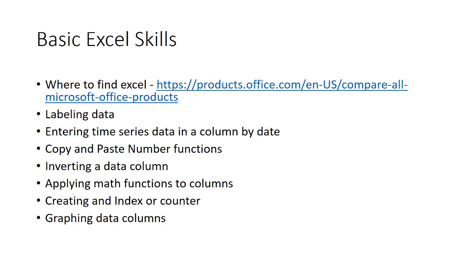And then we're going to show you how to invert a data column and apply some math functions to those columns. That is multiplying one column by another and doing those sorts of things, and creating an index or counter for the data series, show you how to do that, and show you how to graph data columns. That's pretty easily done in Excel.